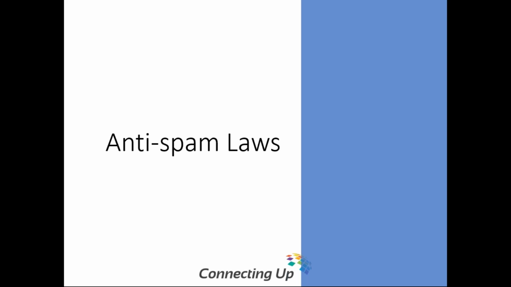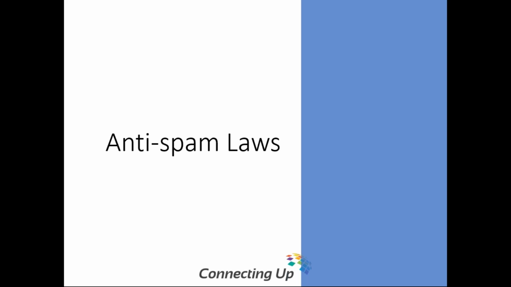So the other thing to think about when we're talking about marketing is, in addition to privacy laws, we also have anti-spam laws, and in most instances the Privacy Act says that it will be subject to any more specific laws. So the anti-spam laws will override the privacy laws.